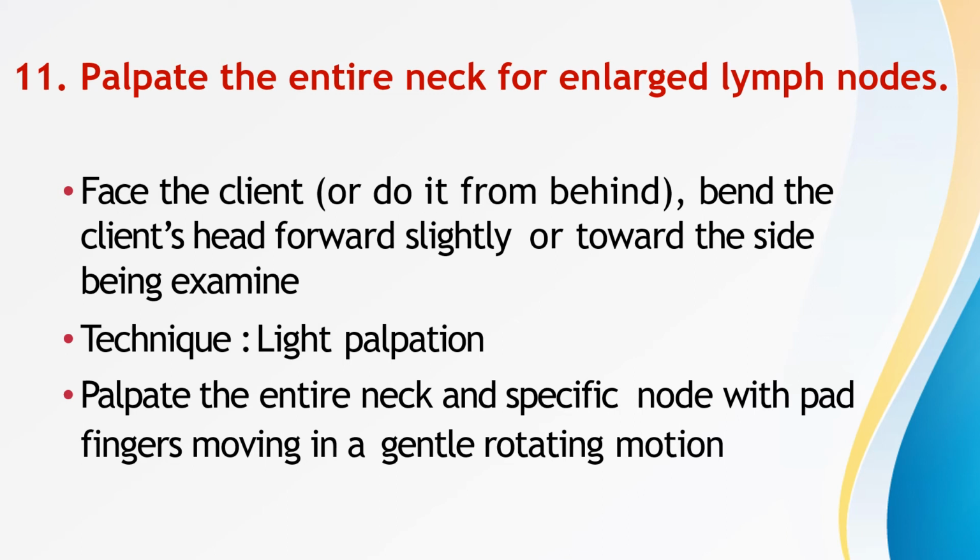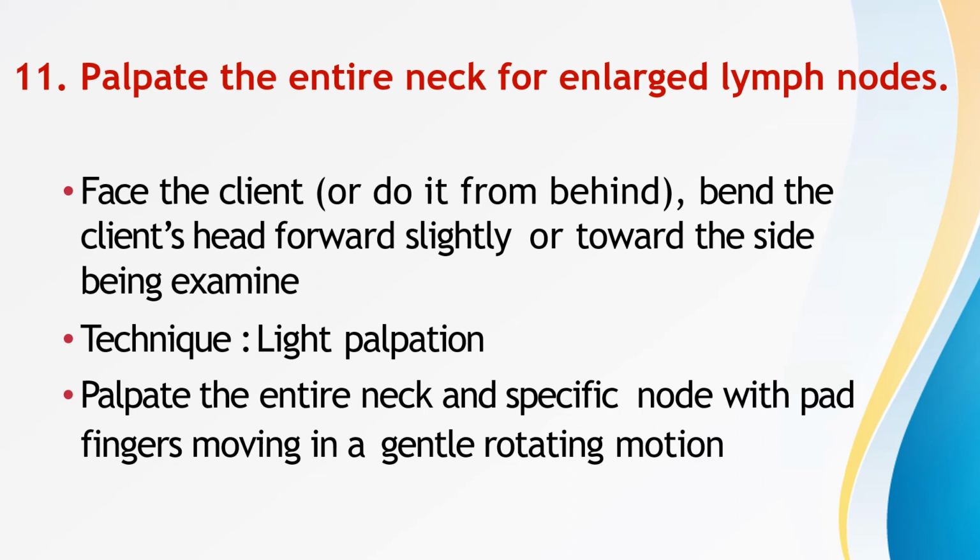After doing so, you can now palpate the entire neck for enlarged lymph nodes. You may do it in front of the patient or from behind. Bend the client's head forward slightly or towards the side being examined. The technique to use is, of course, light palpation.